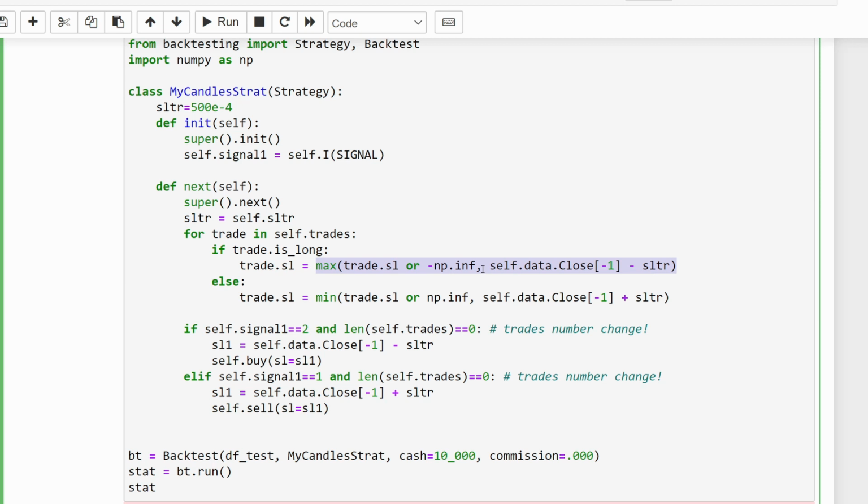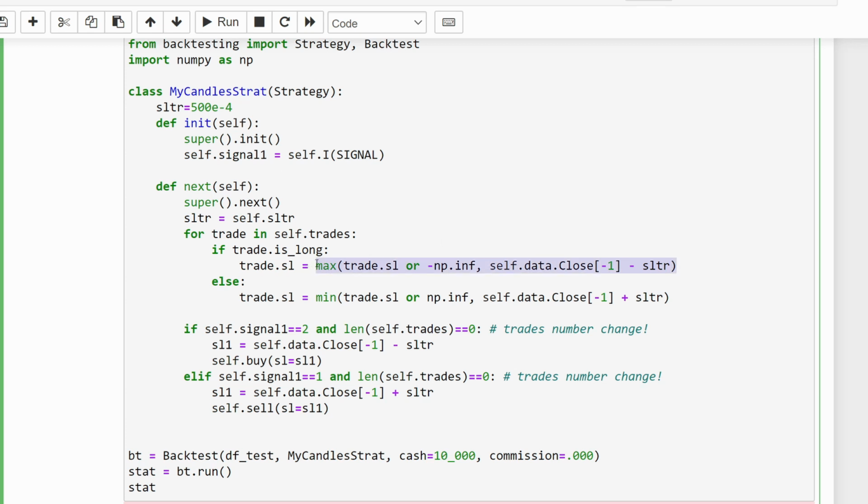And this amount is equal to the maximum between this part, which is the current trade stop loss, or if the trade didn't have a previously defined stop loss, something called minus np.inf, meaning minus infinity. So it's either one of these two values, and the new value of the stop loss, which is the closing value of the current candle, minus the stop loss trail distance that I have provided.